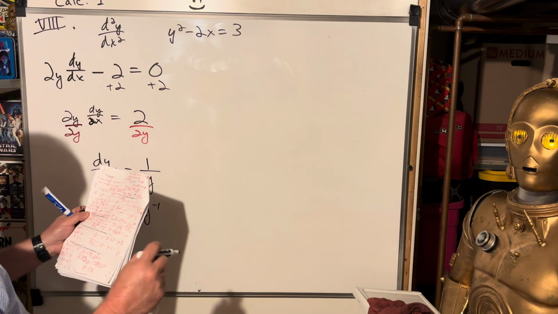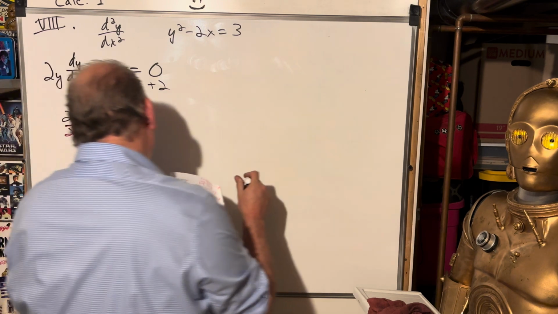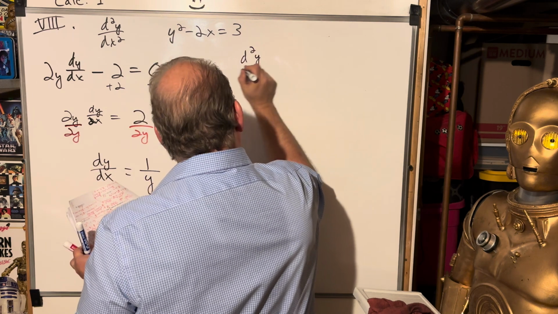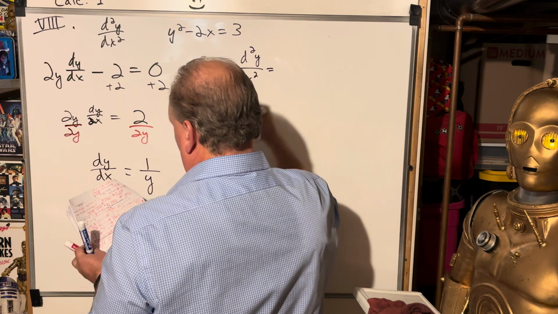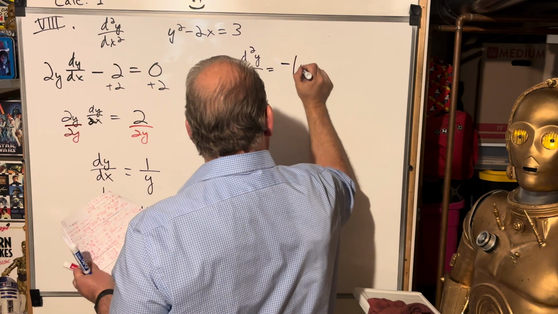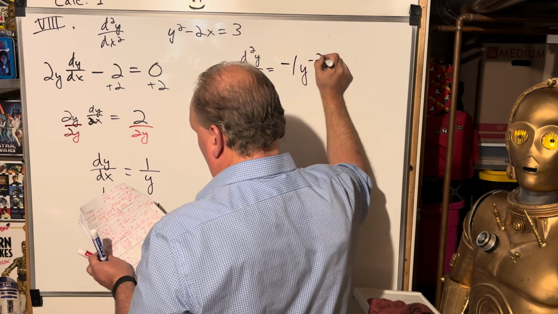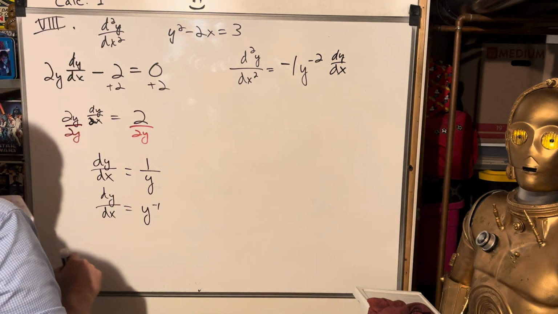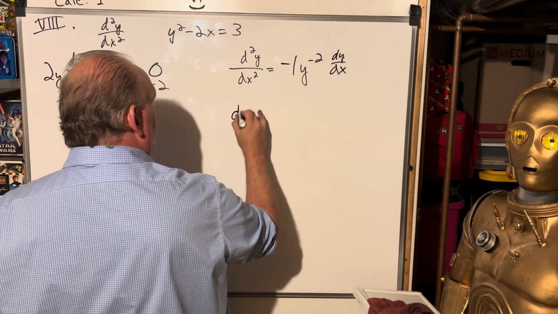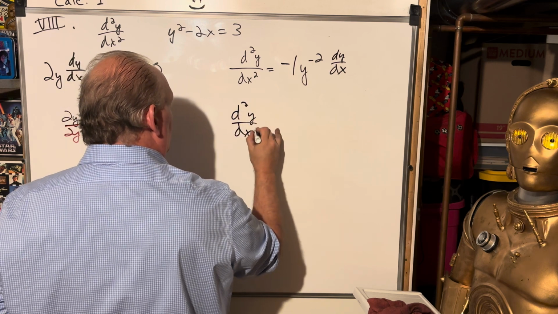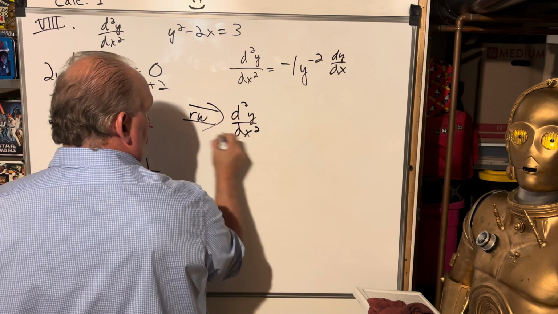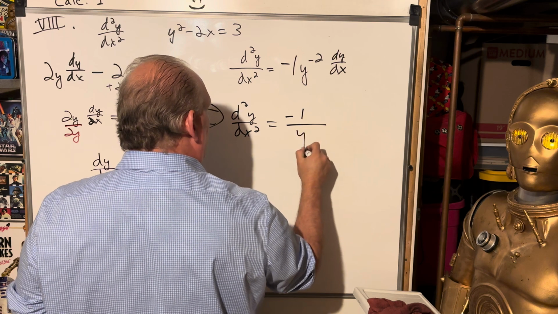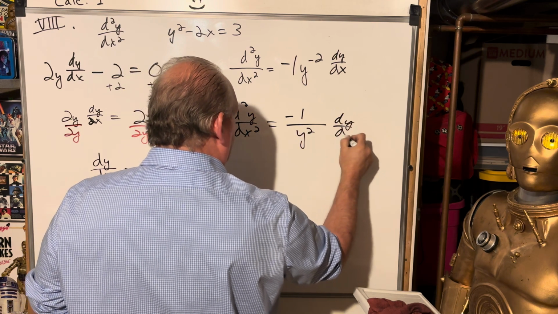Now, we want to do the derivative of that. So, if we're going to do the derivative of that, d2y/dx2 is equal to negative 1 y to the negative 2 dy/dx. And then if I do a rewrite on that, we have negative 1 over y squared dy/dx.